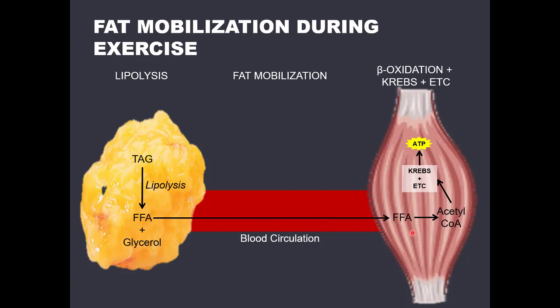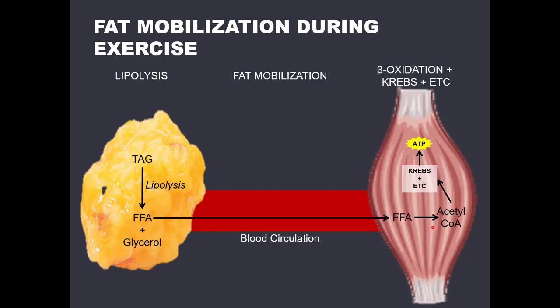Now, the muscles can uptake the free fatty acids and either store them up as a tag in the muscle cell, or like most cases, oxidize them for ATP production. So this is through the three processes that we discussed earlier: beta oxidation, Krebs cycle, and the electron transport chain.